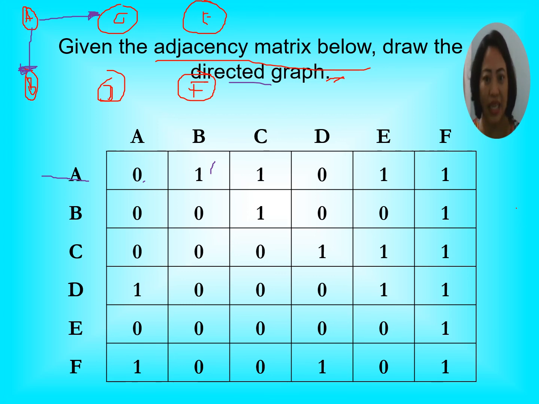From A to E it has a connection. And from A to F it also has a connection, so there is a line going from A to F. And then you're going to draw the other.